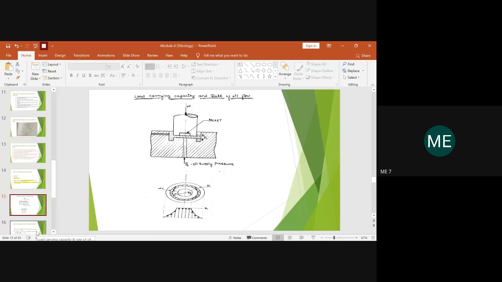We have a derivation. This derivation, everyone kindly do attend. It is also a frequently asked question. They usually ask the derivation for load carrying capacity, including rate of flow sometimes, and separately also. If they ask you the derivation part in hydrodynamic bearing, they'll ask you the numerical in the other part of module 4. If you get the load carrying capacity derivation in the plane slider bearing, they can ask you the problem in case of hydrostatic bearing.